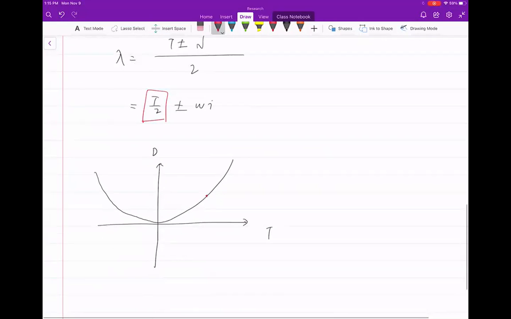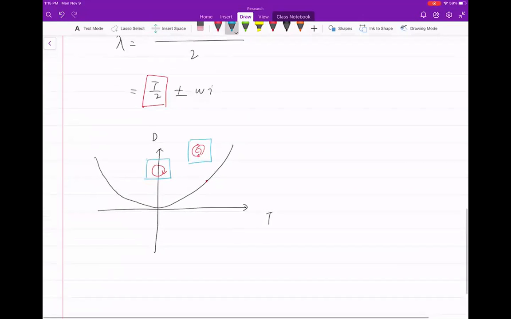That is, if T equals 0. Remember, this is your T. So if T equals 0, we have the center case. If T is bigger than 0, we have the spiral source. And if T is less than 0, we have the spiral sink.